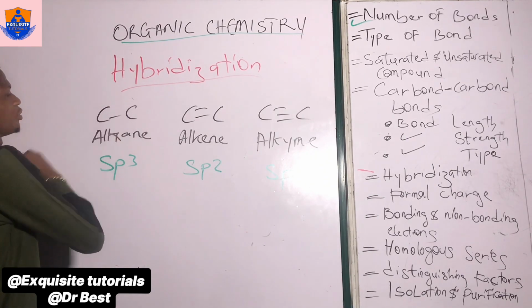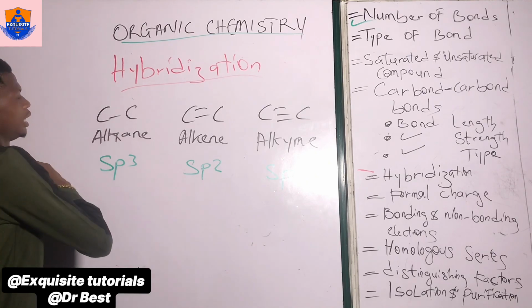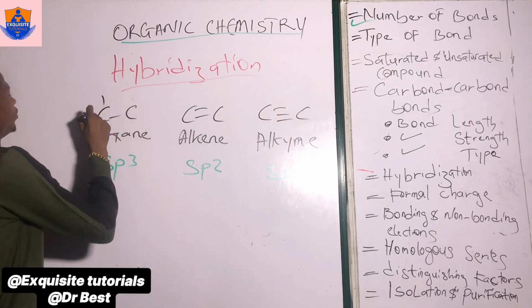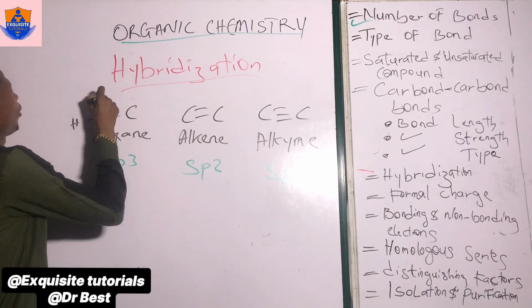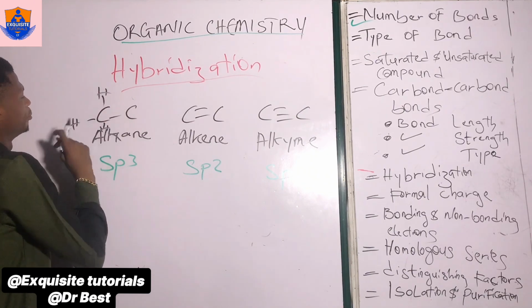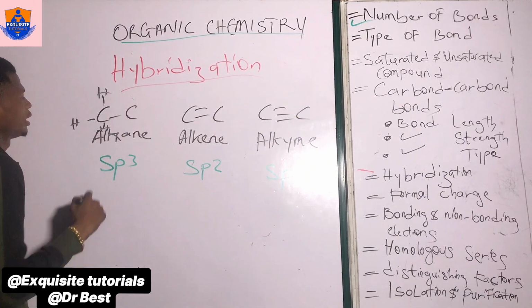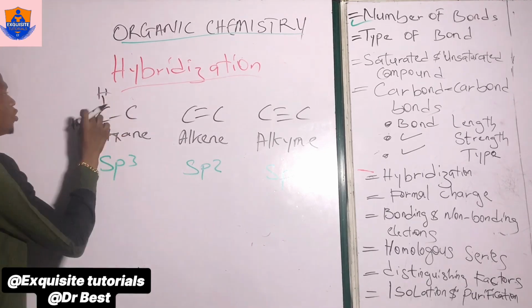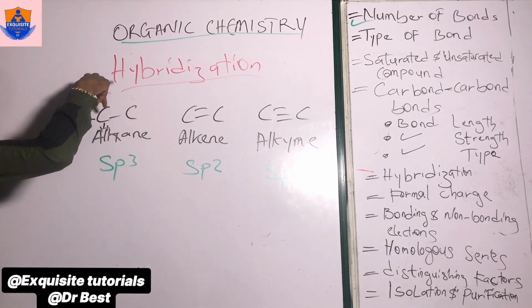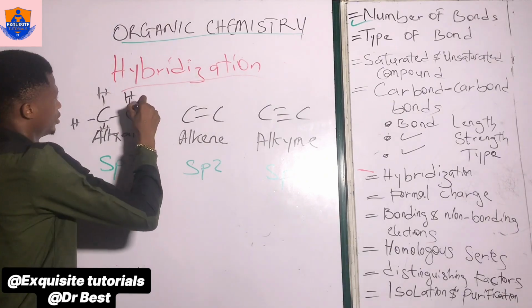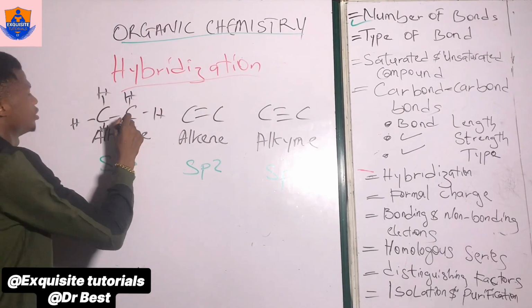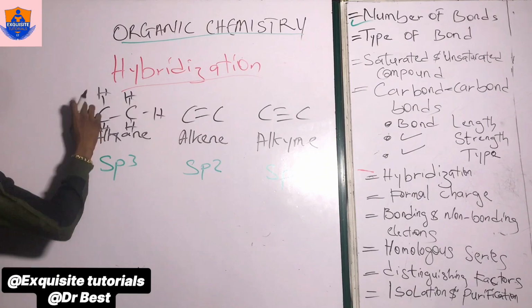Let's say, for example, in an alkane, the carbon bonds to 4 atoms, 4 hydrogen atoms. It has the complete atoms, right? So we have 1, 2, 3, 4.